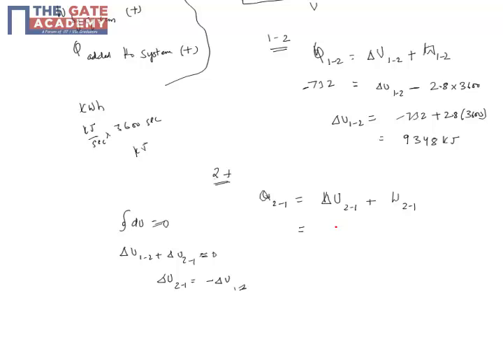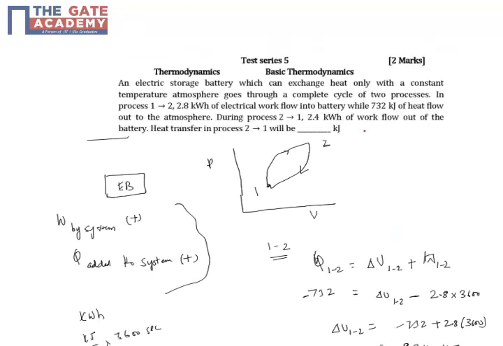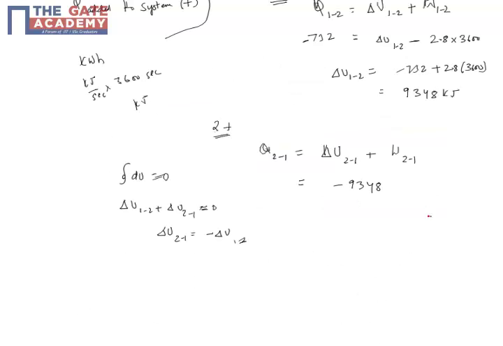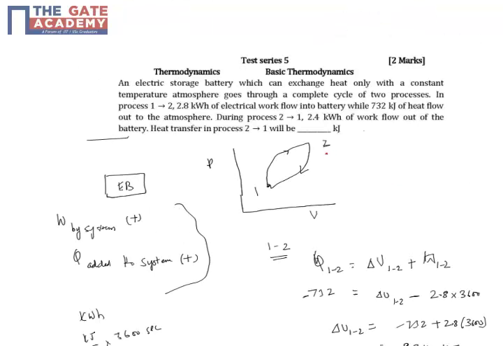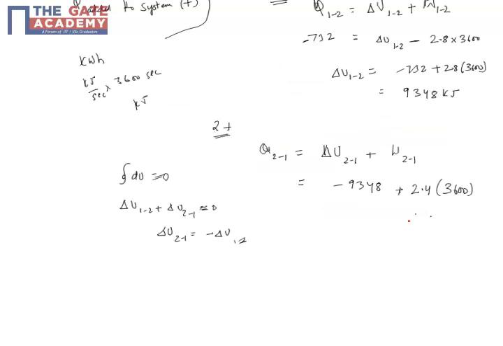So delta U 2 to 1 is minus 9348, and now for work, 2.4 kilowatt hour work flows out of the battery, so work is done by the system, so it's positive 2.4, and to convert kilowatt hour into kilojoules, it's 3600. 2.4 into 3600.